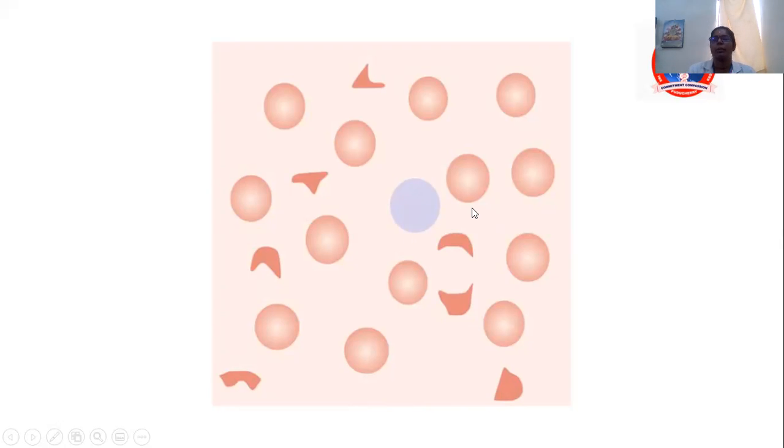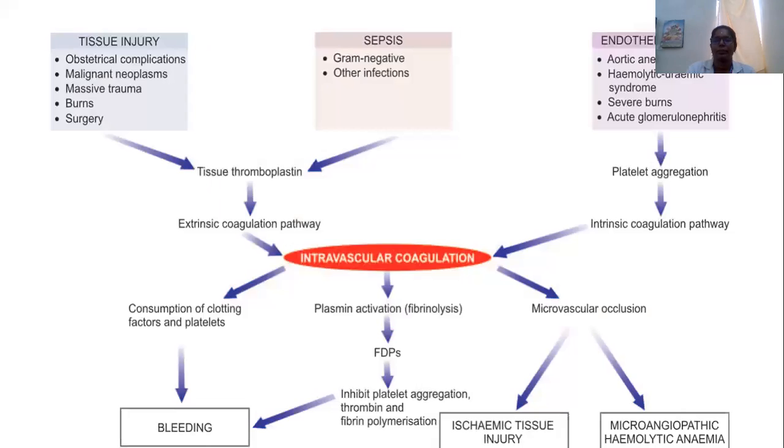With the basic investigations, peripheral smear, platelet count, and coagulation studies, we can diagnose disseminated intravascular coagulation.